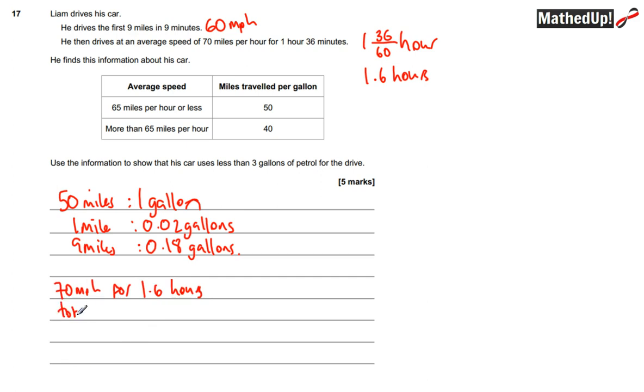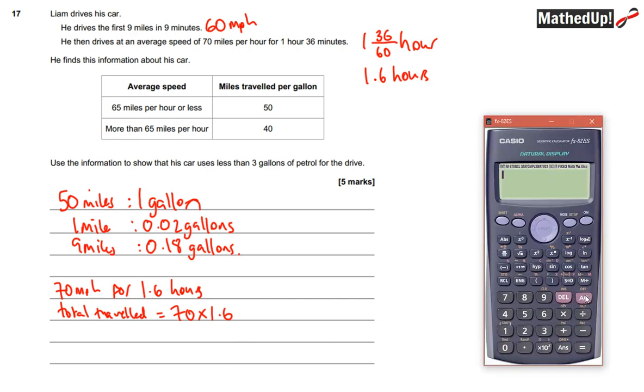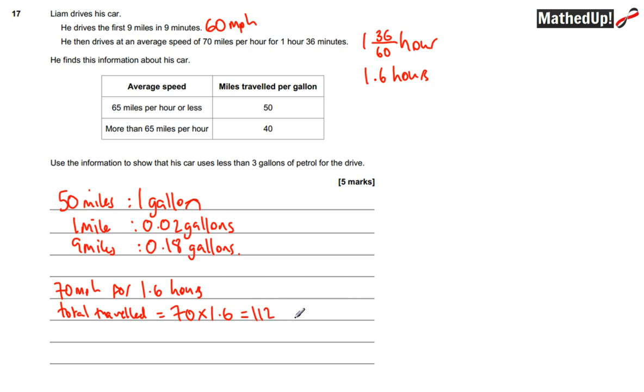So the total travel during that time is going to be 70 times 1.6. 70 times 1.6, and that gives us 112 miles. So he travels for 112 miles during this 1 hour and 36 minutes. Okay, so we know that it was 70 miles per hour, so it's going to be this part of the table we're looking at, and he does 40 miles per gallon.